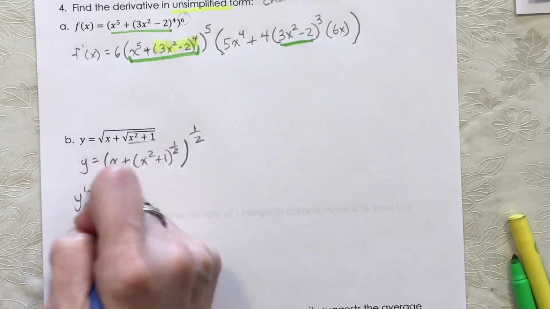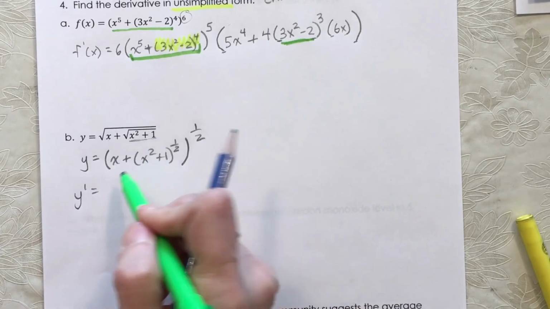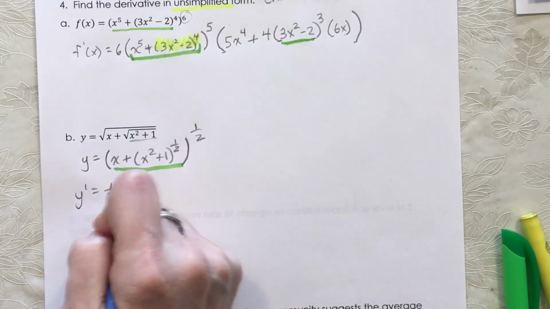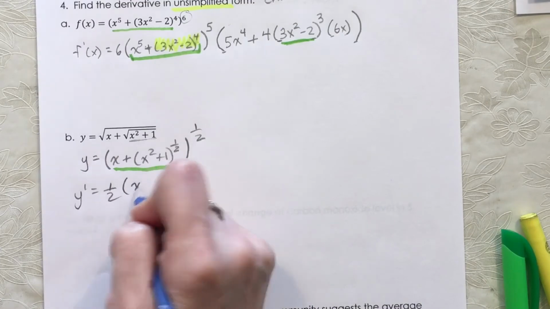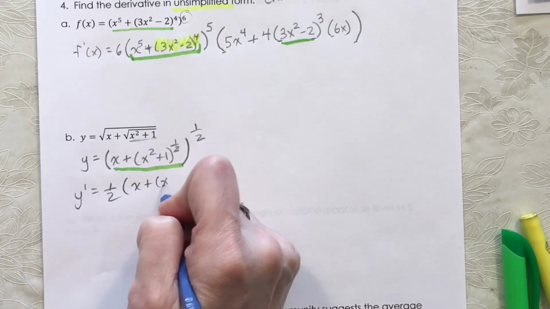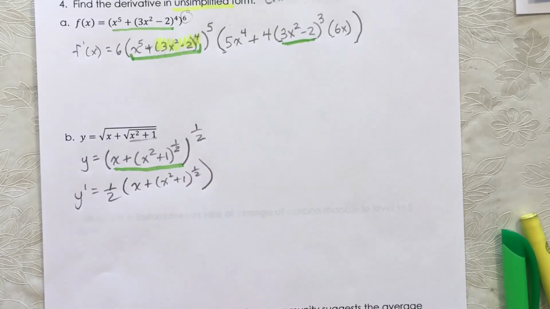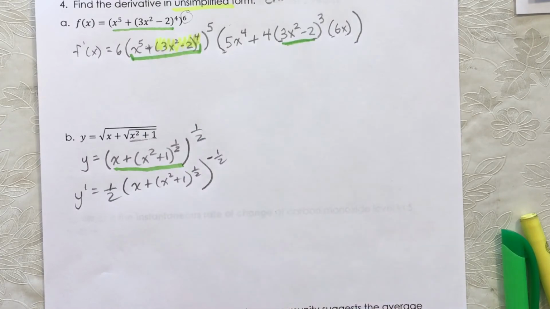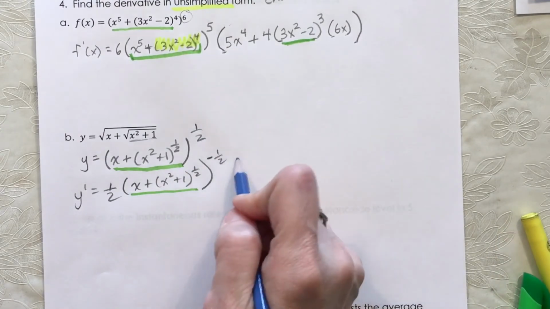So y prime, first the outer derivative is a half, this half here comes out front, and then recopy what's in green, x plus x squared plus 1 to the half, close my bracket to the negative 1/2, so I reduce that exponent by 1. But now I have to multiply that by the derivative of what's inside.